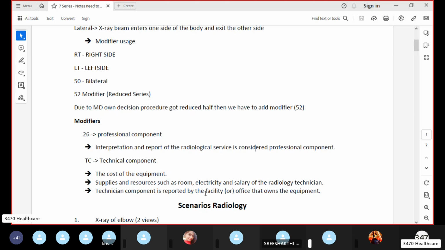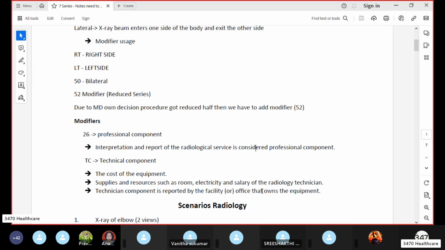You are going to a nearby clinic, and that clinic does not have X-ray equipment. At that time, what will you do? For a chest pain related condition you visited that clinic, but the X-ray equipment is not present.